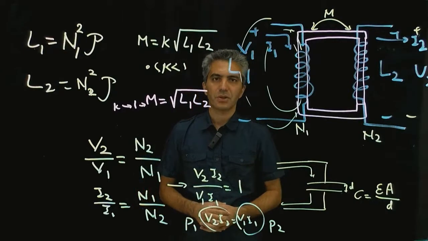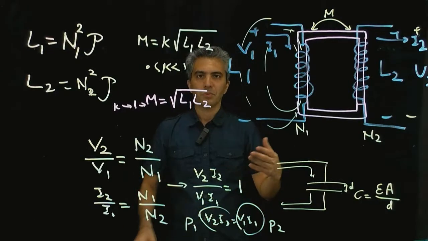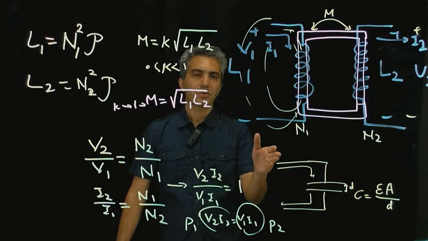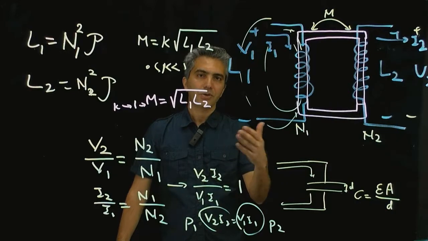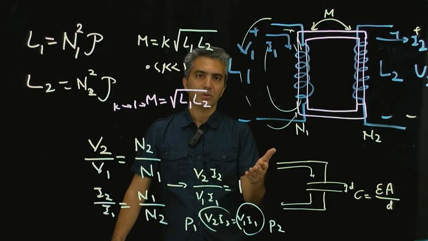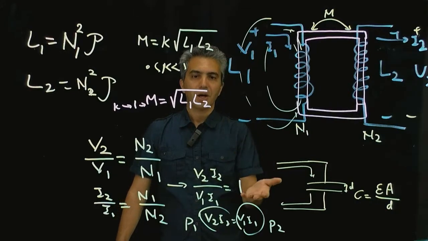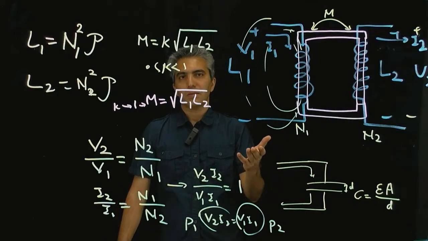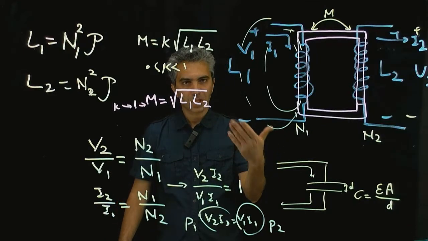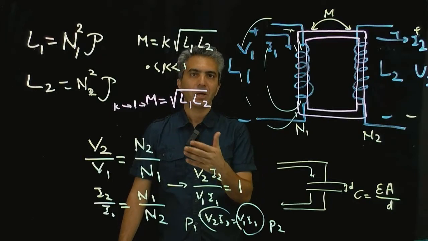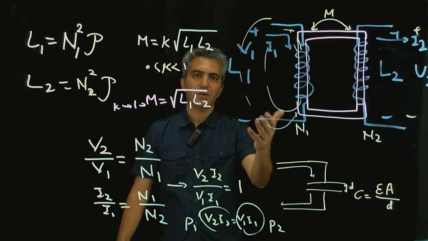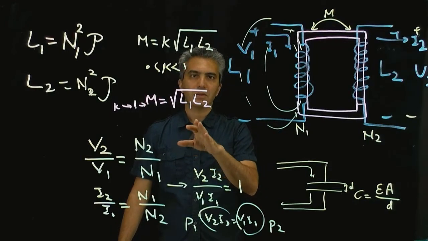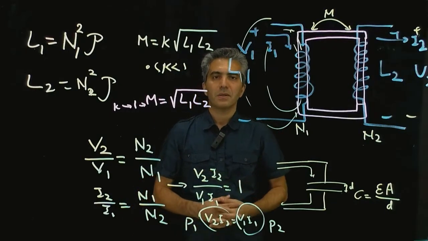From this lecture on, we're going to switch our attention to alternating or sinusoidal voltages and currents and see how we can implement the circuit analysis algorithm when the voltages and currents are no longer constant.